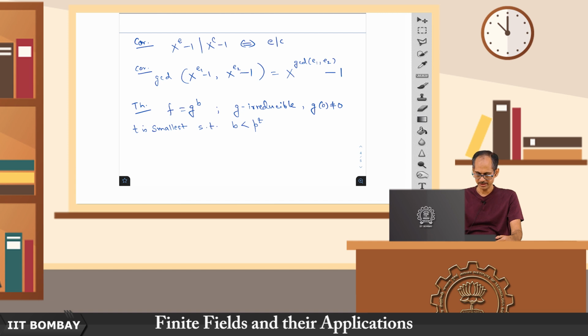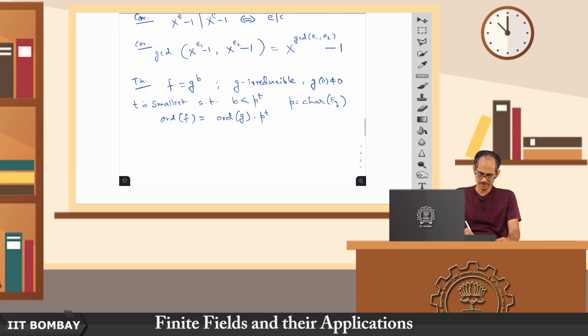And what is p? p is the characteristic of F_q, that is the prime number of which q is a power. Then we take the smallest power of p which is greater than or equal to b. Then the order of f is the order of g times p^t.